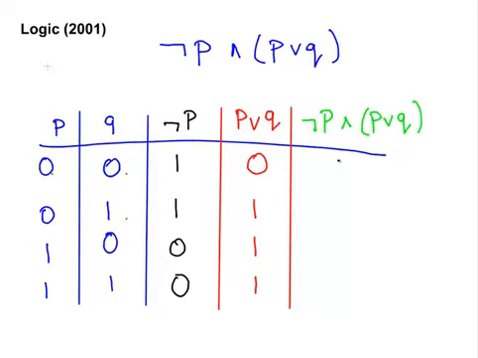Okay, so in that case, this is 1, but this is 0, so that's a 0 there. This one here is 1, and this one here is 1, so that's a 1. 0 and 1, that's a 0. 0 and 1, that is a 0. So that there is the truth table we are asked to construct for this question. So that ends the presentation for this part.